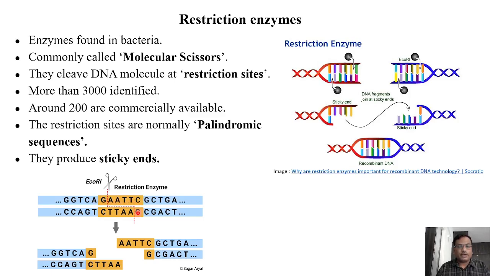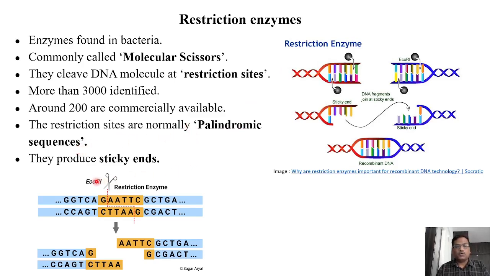Now from the opposite side, it reads the same. It is GAATTC here and it is GAATTC. So such sequences which read the same in both directions are called palindromic sequences. So the restriction sites for the restriction enzymes are palindromic sequences.